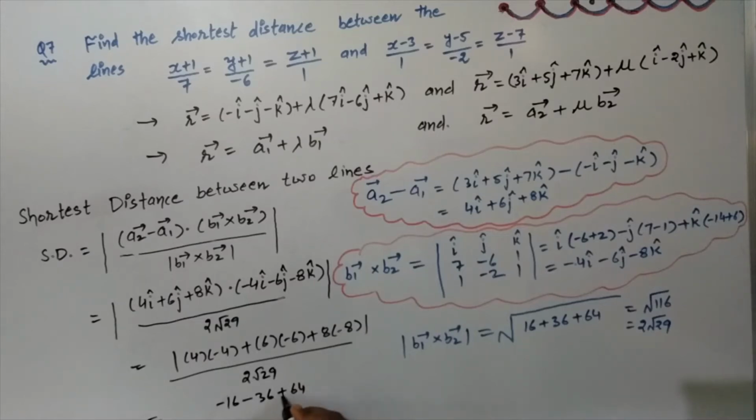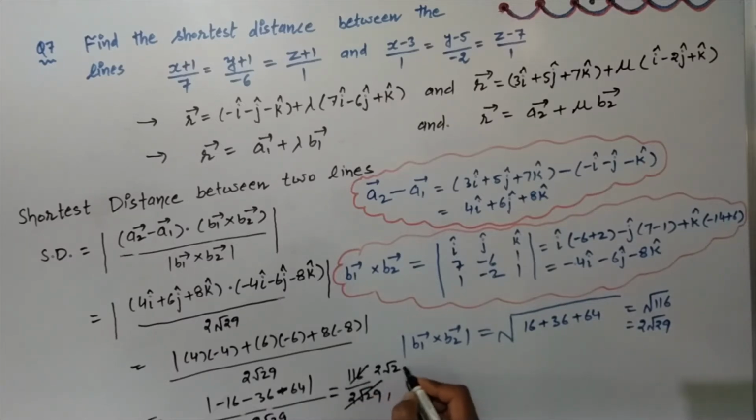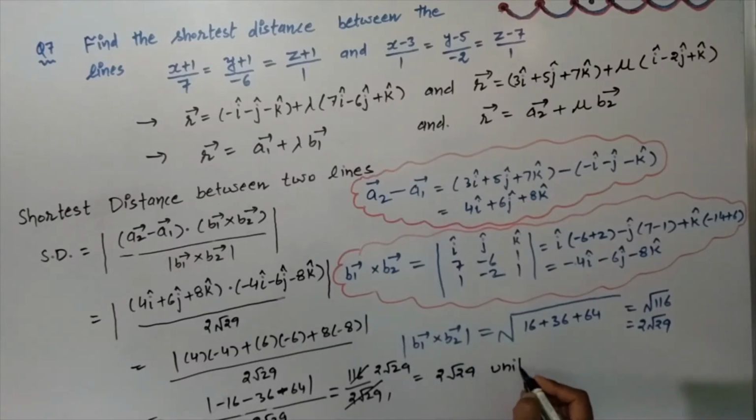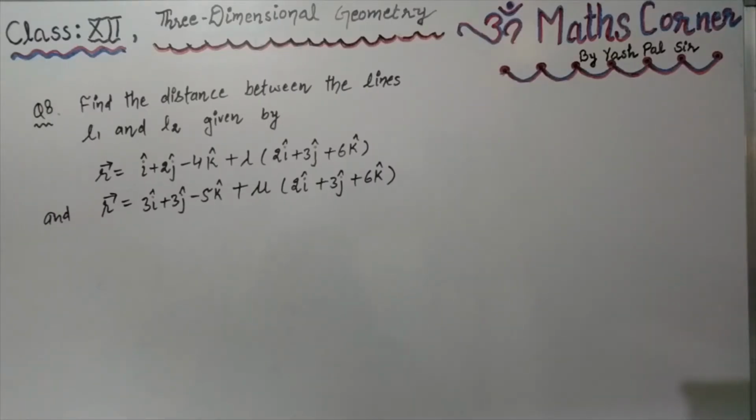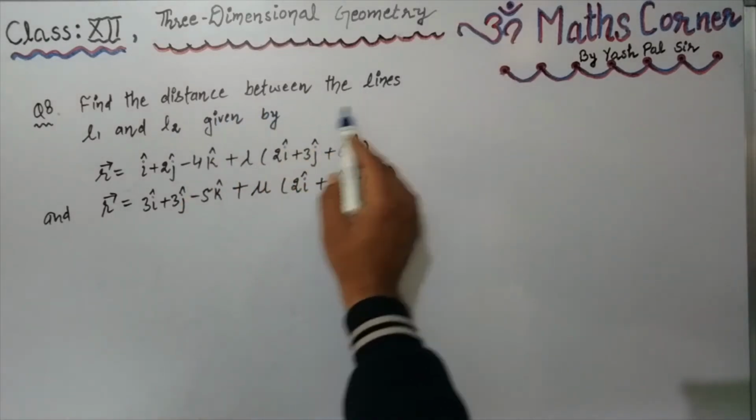This is equal to the modulus of minus 16 minus 36 minus 64, which is 116, divided by 2 square root of 29. So this is equal to 2 square root of 29. So 2 square root 29 units is the required shortest distance.